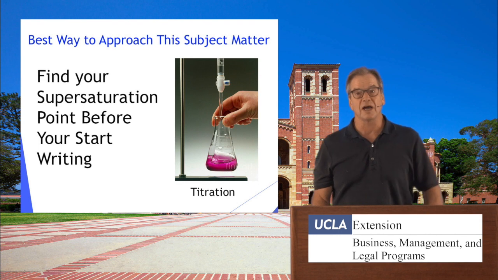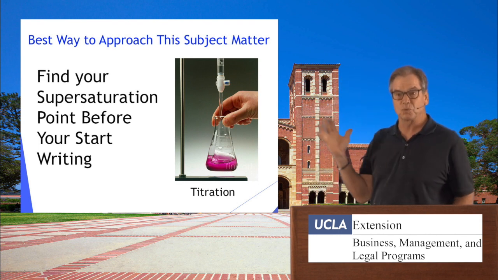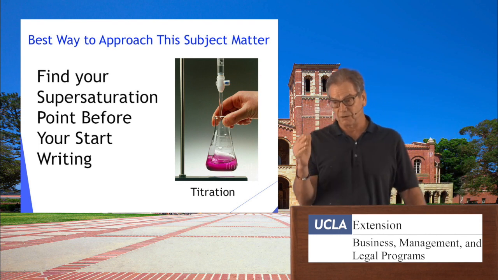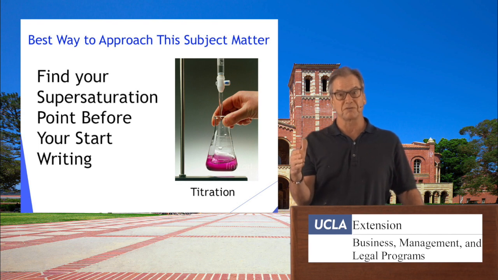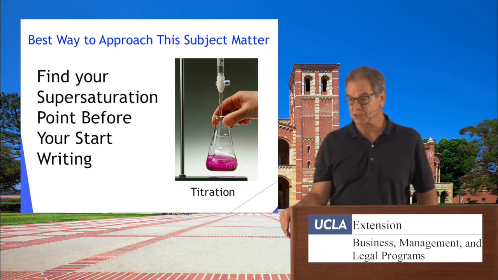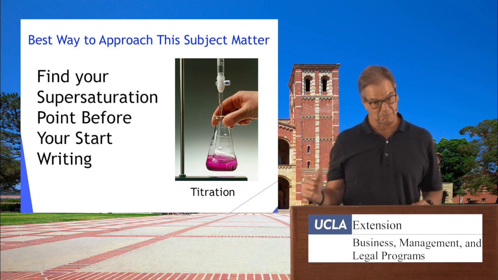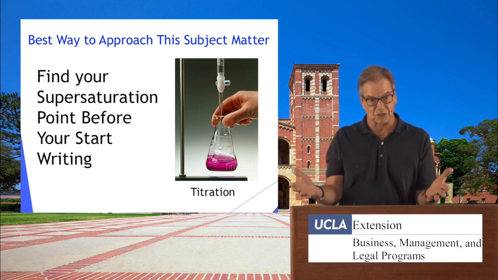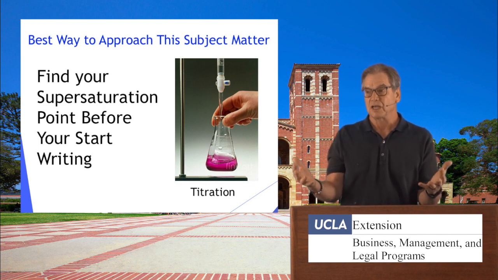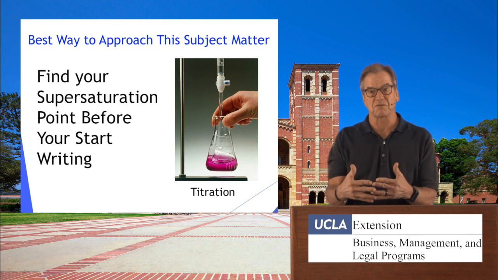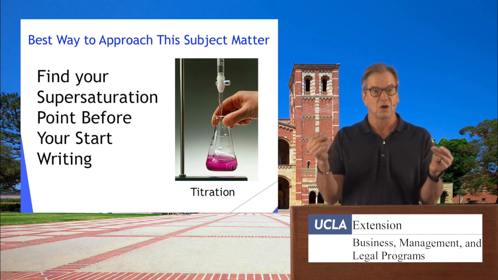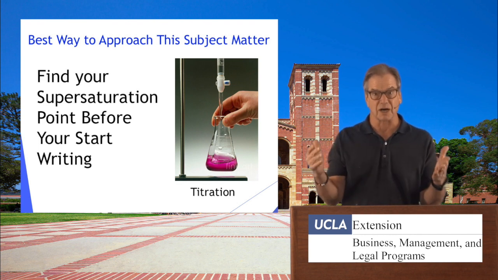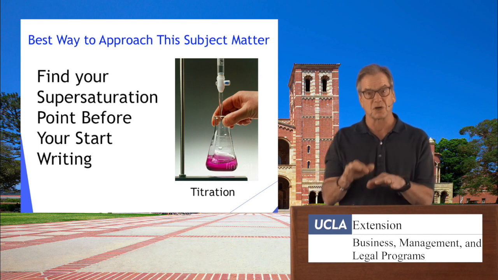The reason I share this image with you as you stand at the threshold of developing an industry analysis is that, because there's so much information, our objective is to master it to the point where we've got supersaturation. We know enough to start writing.